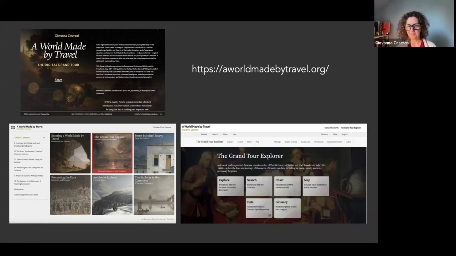But despite this importance of how many people traveled, which is crucial to make this a significant phenomenon, existing studies of the Grand Tour rely on published or manuscript accounts and letters that survived, and thus focus on no more than tens of travelers at most, and in the end privilege the ones that are better documented.